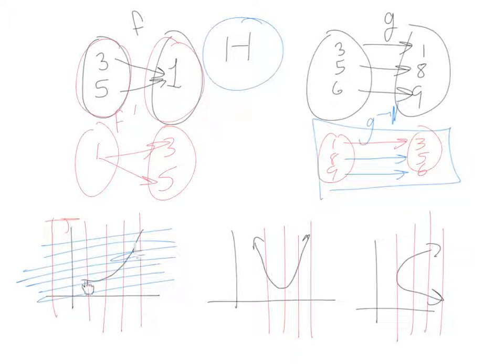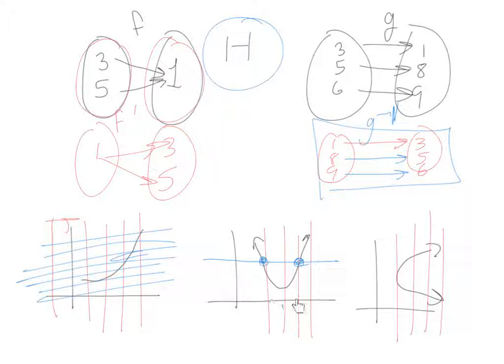So this graph would definitely be one-to-one, because it can pass a vertical line test and it can pass a horizontal line test. This graph, while it does pass the vertical line test, if I go across it with a horizontal line, it hits two spots. That means that this output, let's say this y value was like 4, I'm just making that number up, there are two inputs that have an output of 4, whatever this x value is.